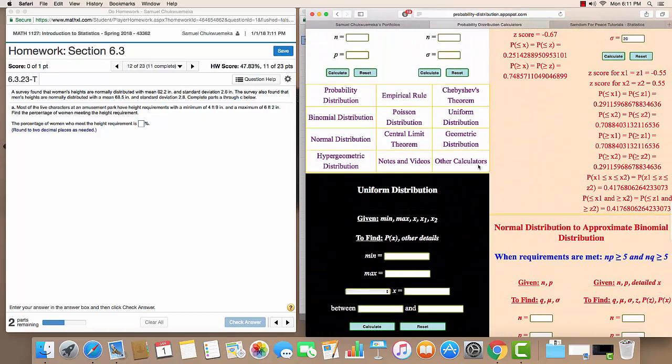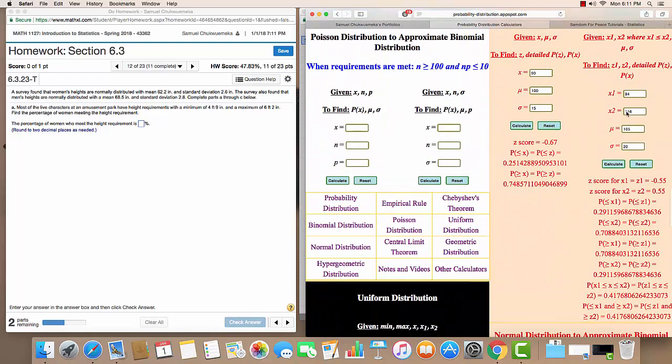So go back to here. And we're going to use this between. The lower bound here is 4 feet 9 inches, and the upper bound is 6 feet 2 inches. The mean they gave us is 62.2, and the standard deviation is 2.6 for the women.